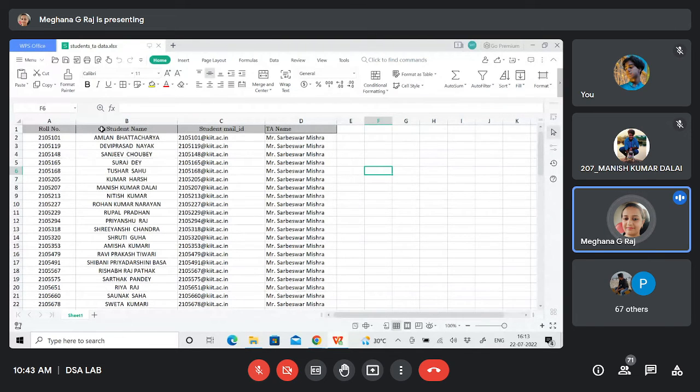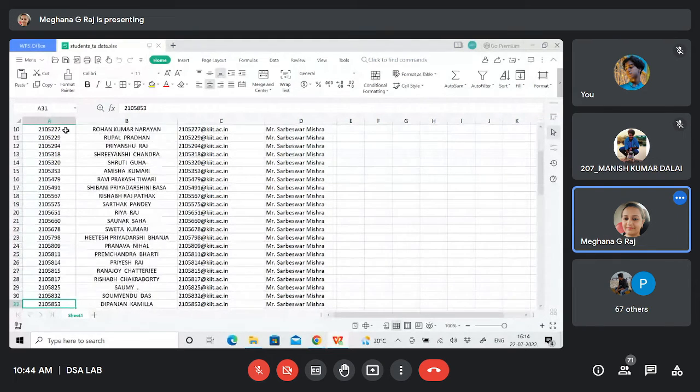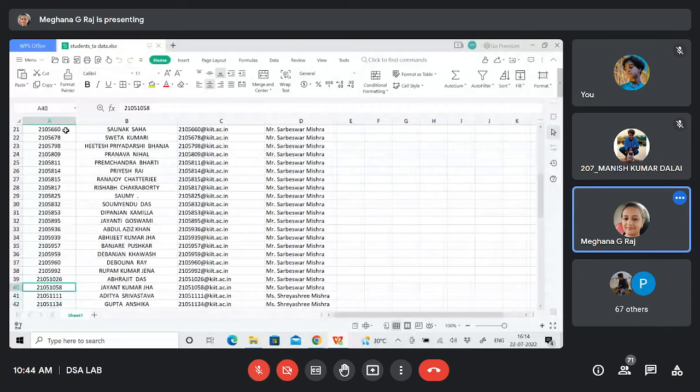Okay, so from roll number 101 till 1058, all of you belong to Sarbeshwar Mishra sir. Okay, so your lab programmer would be Sarbeshwar Mishra sir.